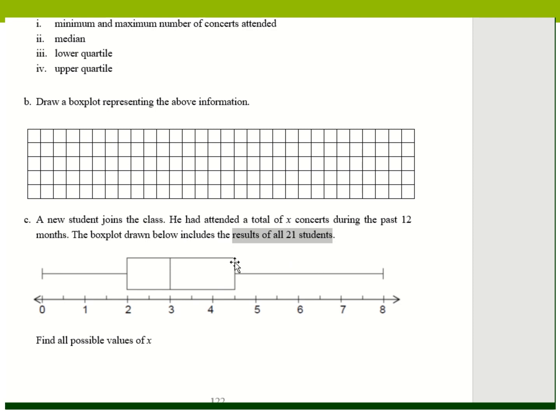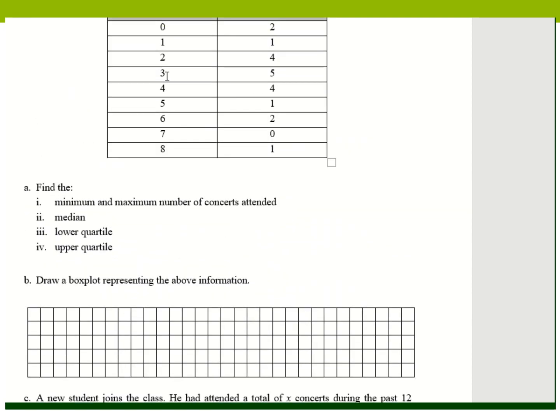So what is the difference? It is at Q3, right? So you first of all need to find your Q3 position. Originally your Q3 was here. If that boy attended only 4 concerts, the Q3 won't change. It will still be 4. If the student attended 0, 1, 2, 3 or 4, the Q3 would still have been 4.